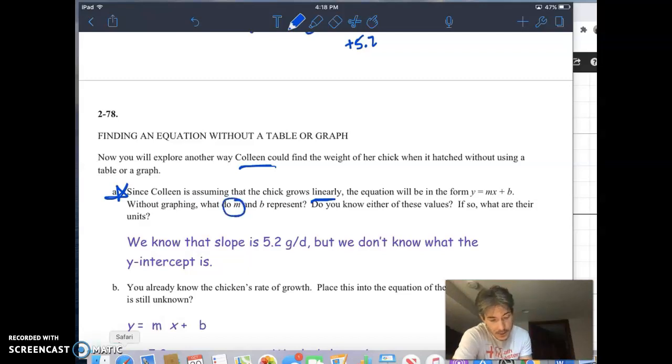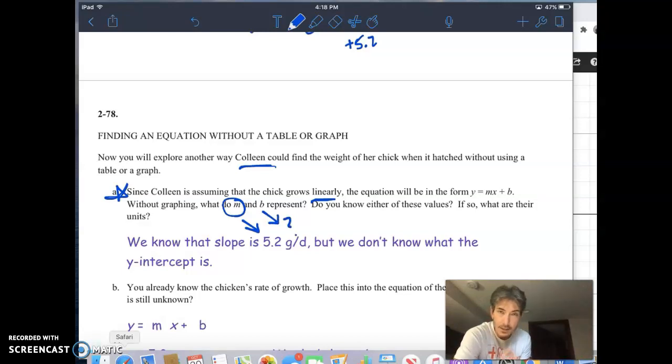We know that that slope is 5.2. We know that the intercept, the b, is going to be the birth weight. But the only one of those things that we know is 5.2. We know that the growth rate is 5.2, but we don't know what b is. All right, and that's what we're going to try to figure out.